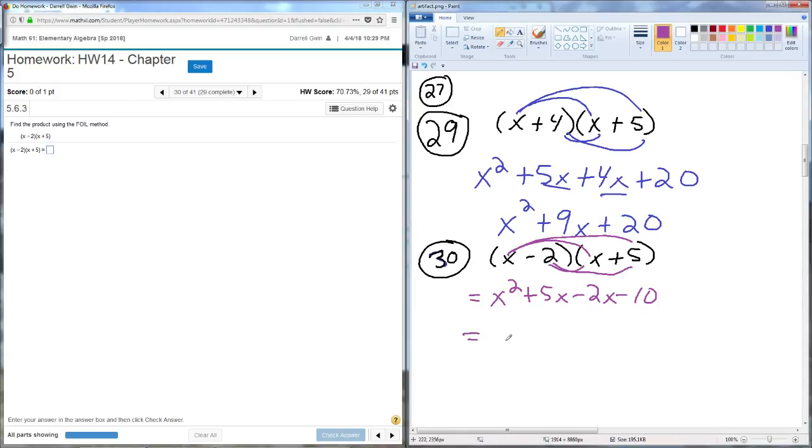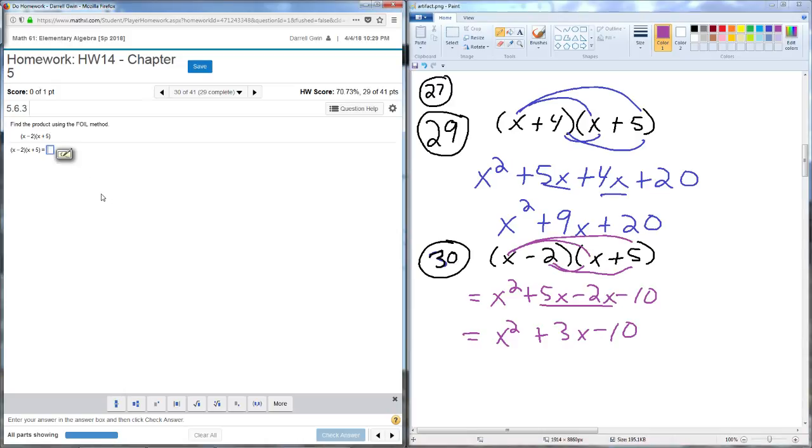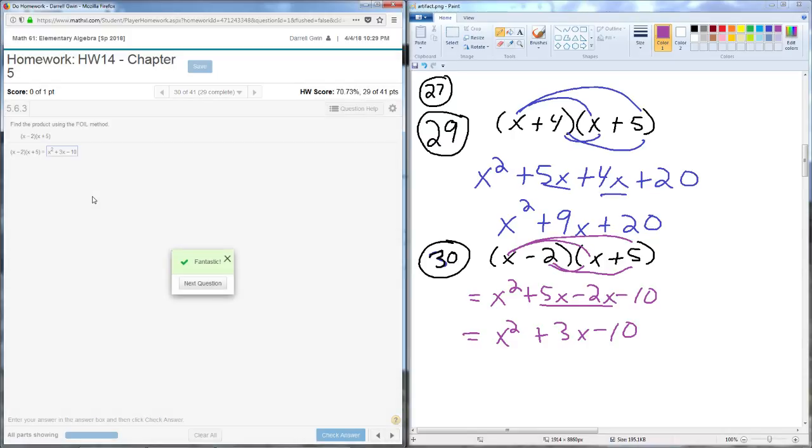This simplifies to x squared plus 3x minus 10. That was combining the 5x minus 2x to get 3x. Type in the answer, x squared plus 3x minus 10. Enter that in. Fantastic.